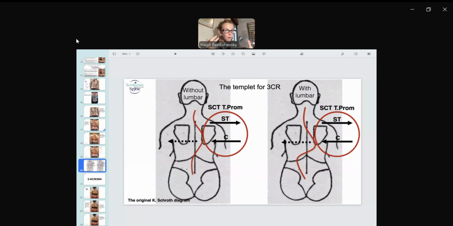Do not worry, do not bother. Is it on the convex side, or how come you refer to it as the expansion of the weak side, then, on the left side? The definition is shoulder countertraction on the thoracic prominent side.